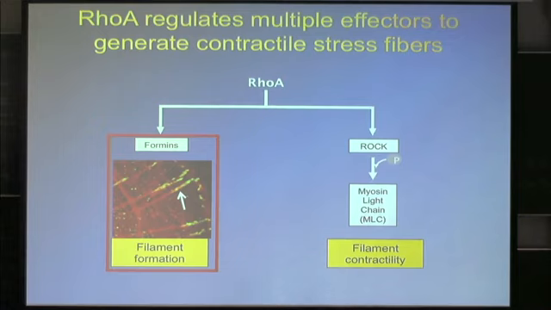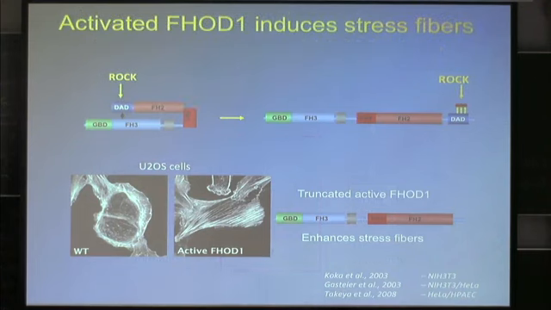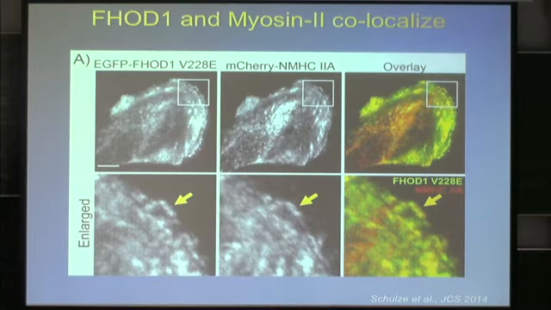A third protein shown to be downstream of ROCK and also phosphorylated is the formin FHOD1. It was not known for very long what it exactly does, but it was shown that expression of an activated FHOD would generate very pronounced stress fiber phenotypes. So this was known, but how this would happen was really not clear.